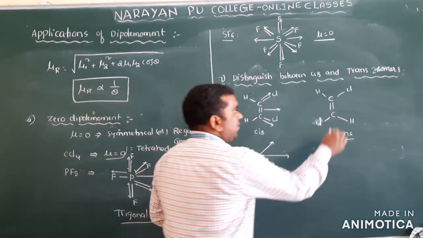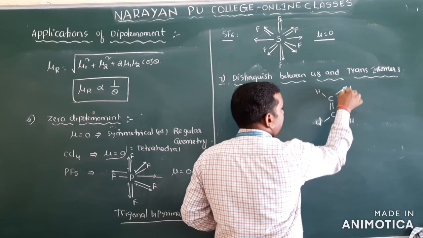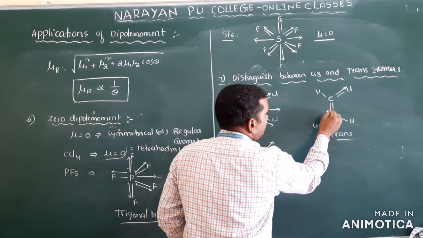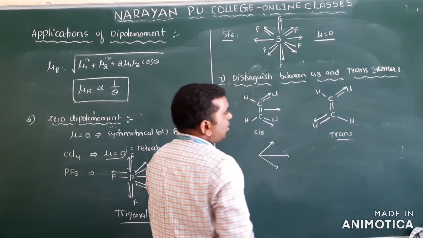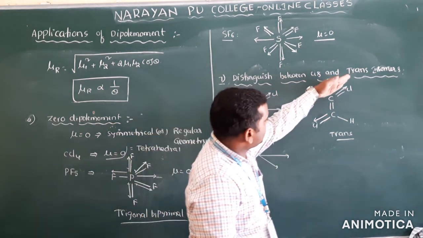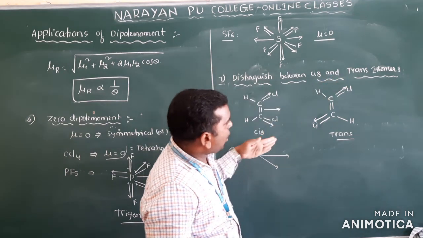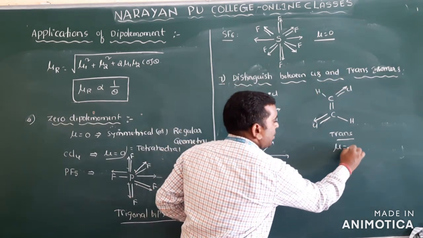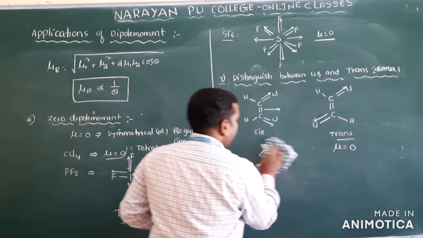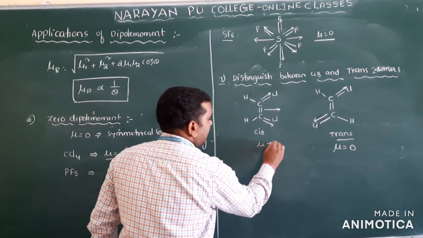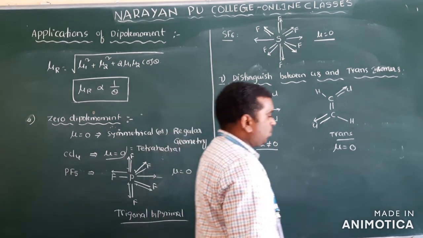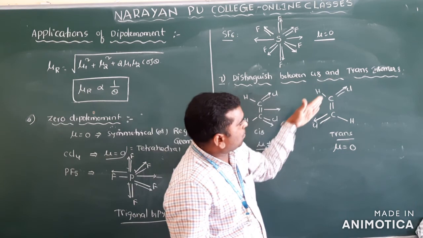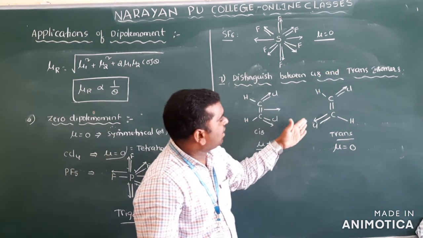Next one. Here also there are dipole moments, and you see both are in opposite directions. So the dipole moment here will be equal to 0. For the previous one the resultant dipole moment is not equal to 0, but here the resultant will be 0 because both are in opposite directions with the same magnitude.